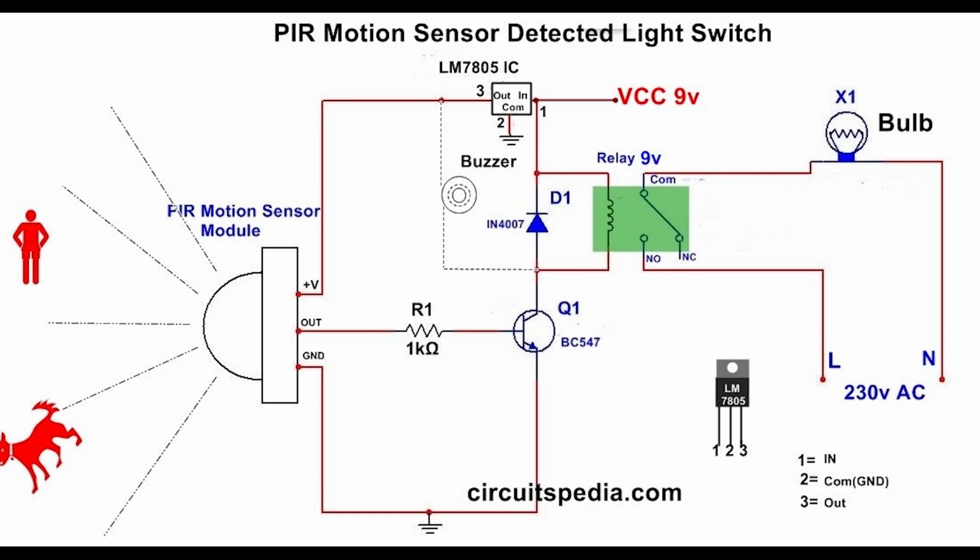Then the relay is turned on. Your AC or different voltage range can be switched on or off according to your relay switch maximum voltage and current ratings. So that is a very simple way of powering up these PIR sensor modules.